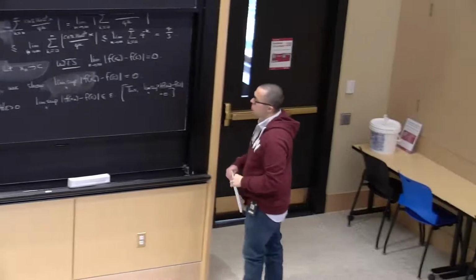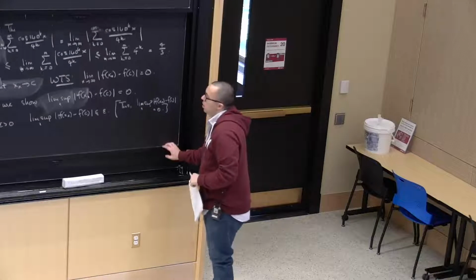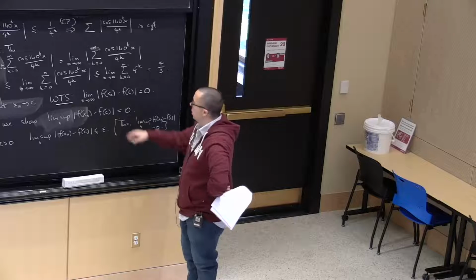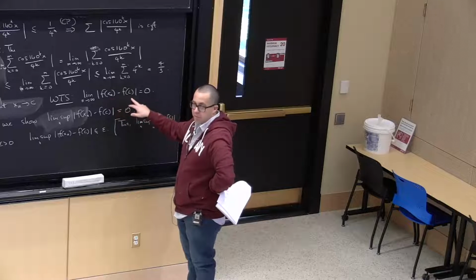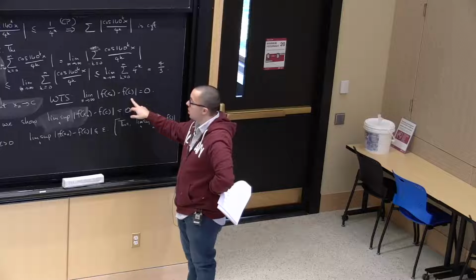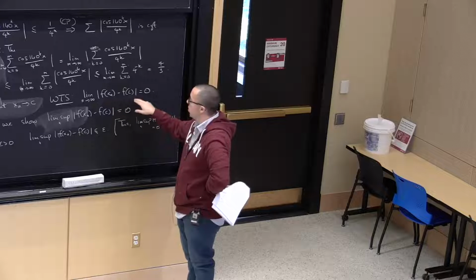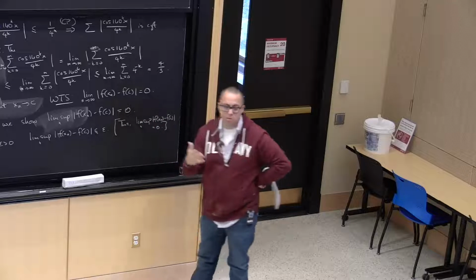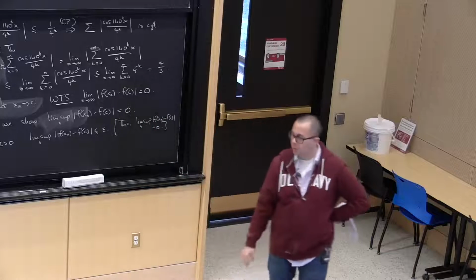Okay. So just to recap, we have a sequence converging to c. We want to show that f of x_n converges to f of c. All right. Another way of stating that is that the limit of the absolute value of the difference between these two converges to 0. That's, again, an equivalent way of stating the limit.